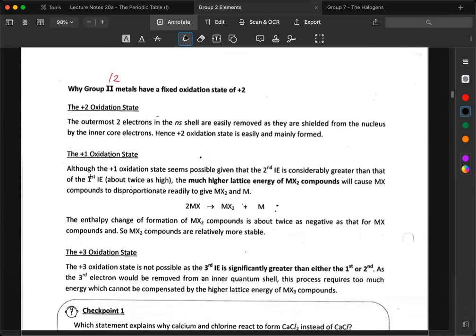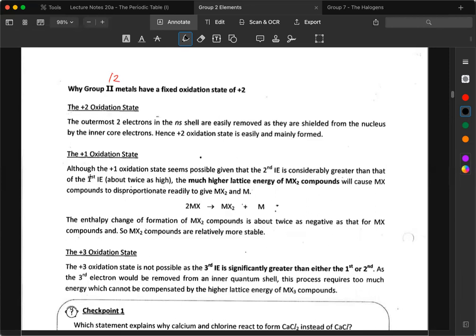As for +1, it also seems possible, given that the second IE is considerably greater, but the much higher lattice energy of MX2 compounds will cause MX compounds to disproportionate readily to give MX2 and M. So yes, you may form MX first, but because of the high lattice energy, it will just break down.